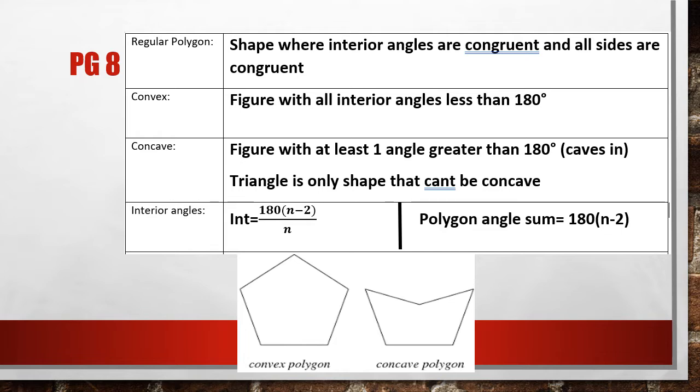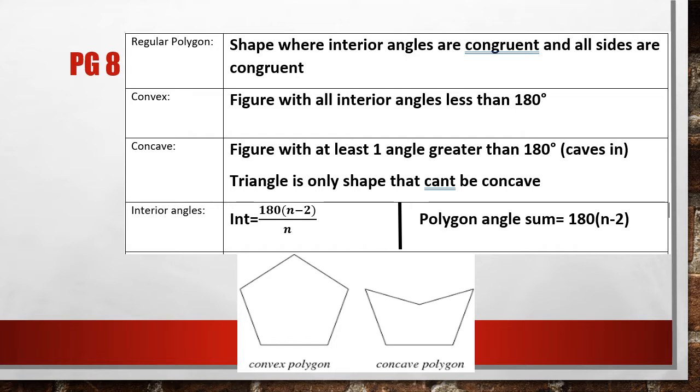And then the last thing to know is about the interior angles, the angle for each individual vertex. If I wanted to find each angle, what I would do is 180 times n minus 2, where n is the amount of sides, divided by n.